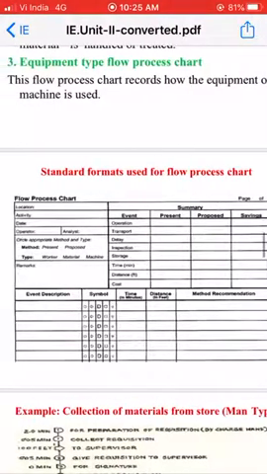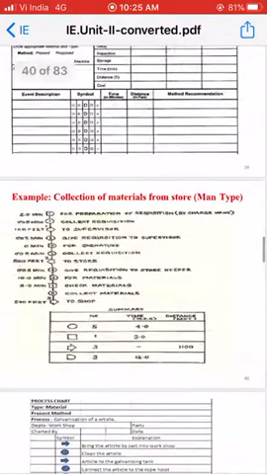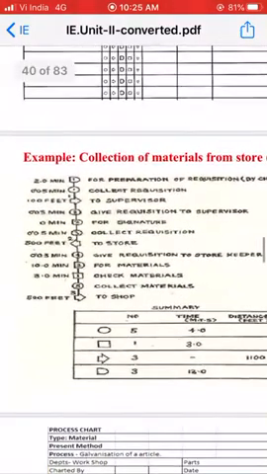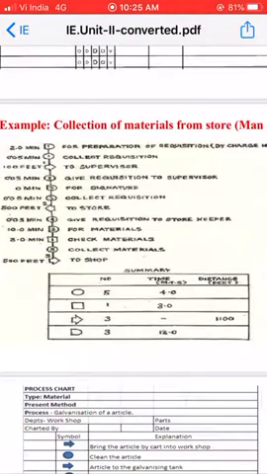Now we will see some examples related to man or worker, material, and equipment. First is the man type flow process chart. Here we have taken the example of collection of materials from the store. If we need to collect the material from the store, we need to follow a procedure one by one.